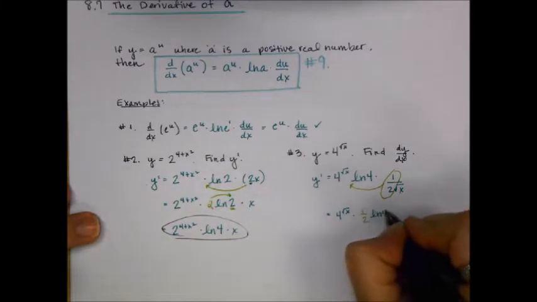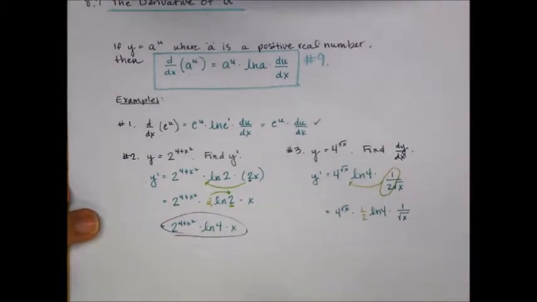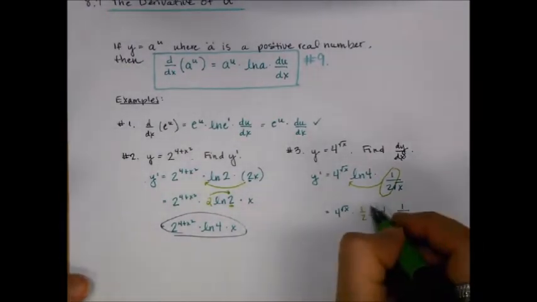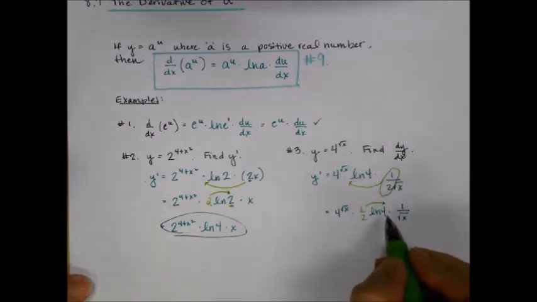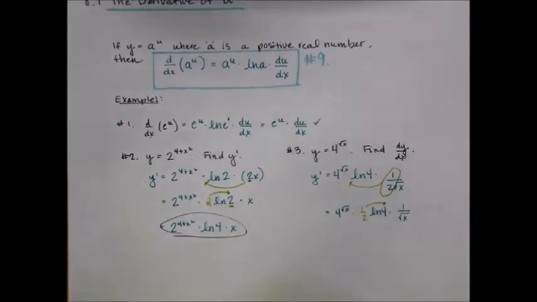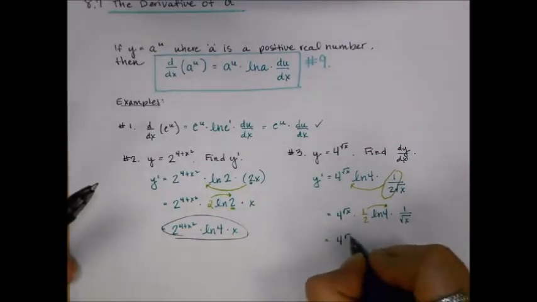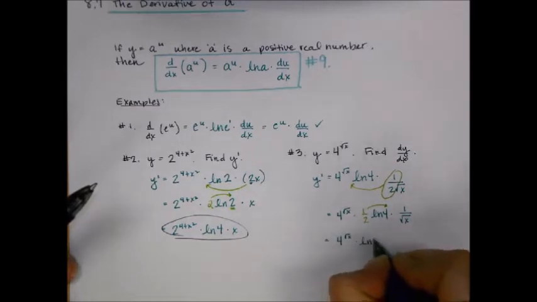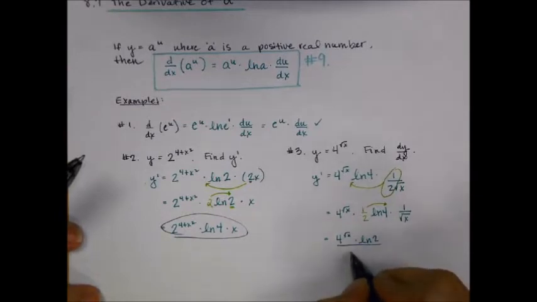And we still have our 1 over root x. So if I put this 1/2 coefficient back as the exponent, it becomes 4 to the 1/2 power, or the square root of 4, which turns into 2. So I now have 4 root x times the natural log of 2, and then I'm going to go ahead and just write it all divided by square root x.